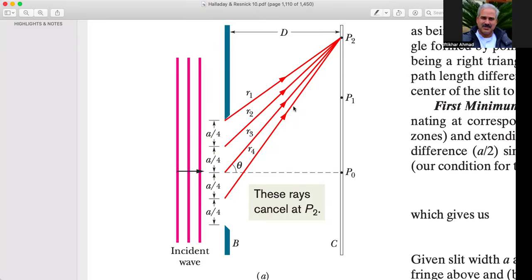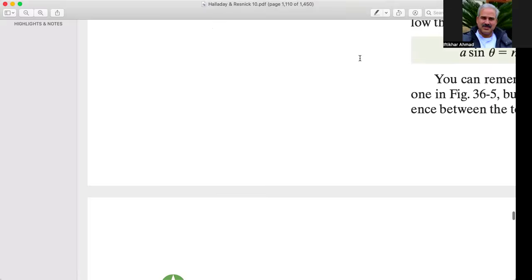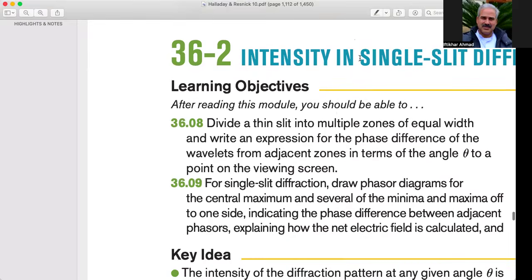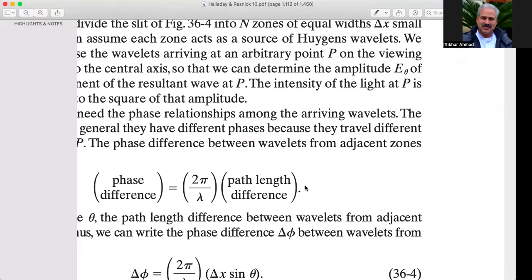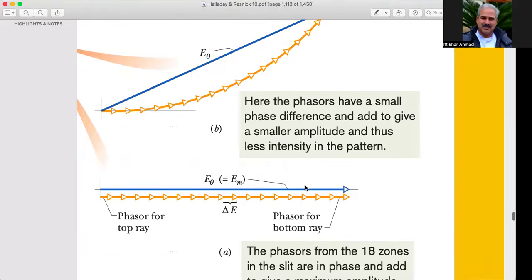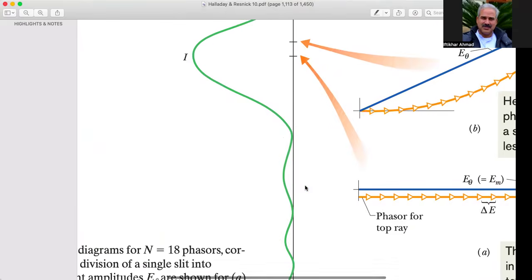And when all these waves reach the screen, we see dark and bright, and we see a diffraction pattern from this single slit, which looks exactly like this.